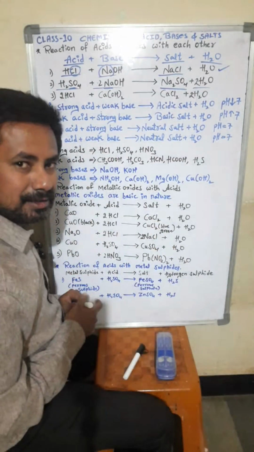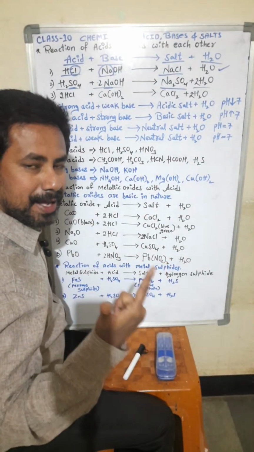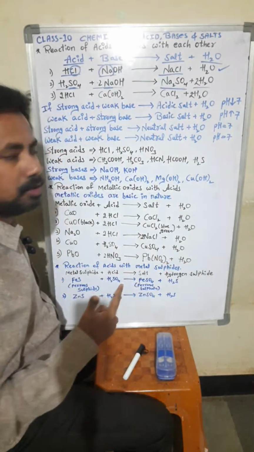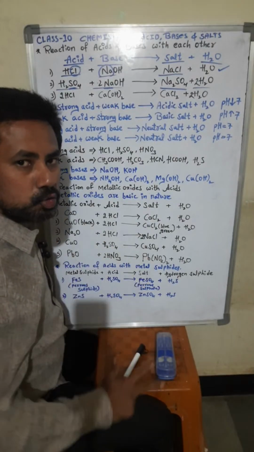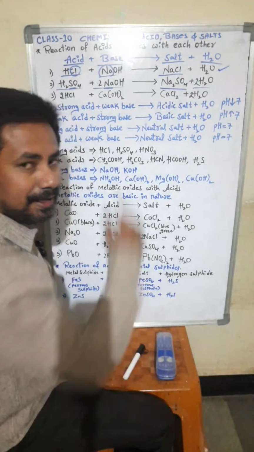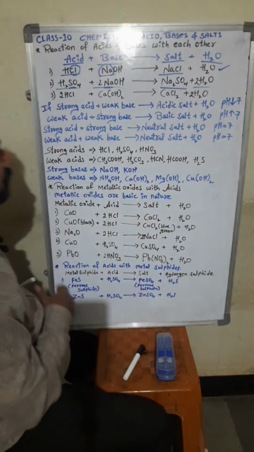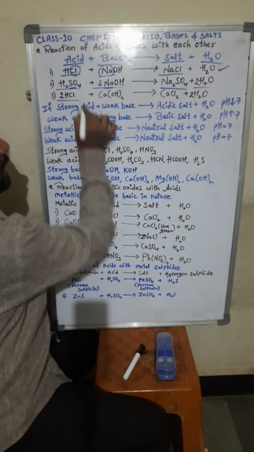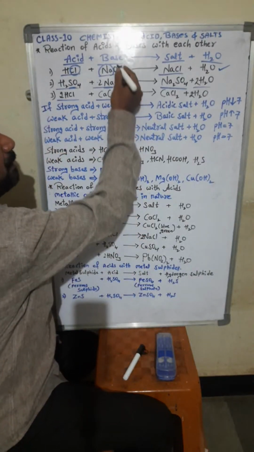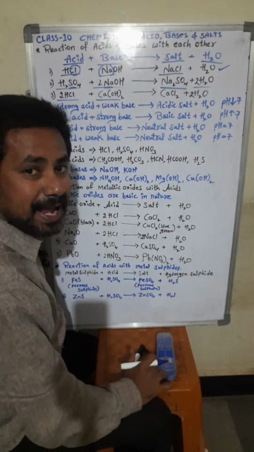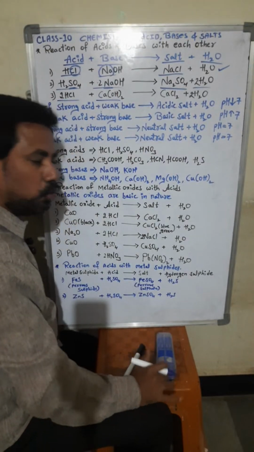Sulfuric acid, acid, when you combine with base, which base? NaOH, 2NaOH, sodium hydroxide. What will form? Na2SO4 will form, sodium sulfate, and water will form. Okay, fine. Next, hydrochloric acid and a base. We are changing to a different base, not NaOH, this time Ca(OH)2. What is Ca(OH)2?